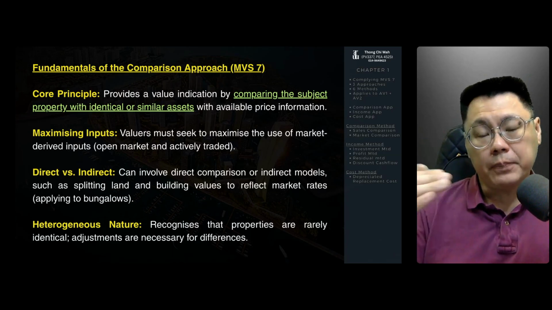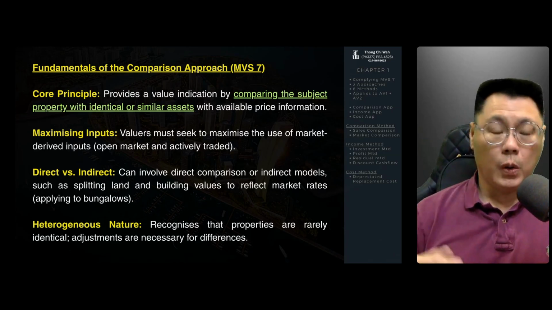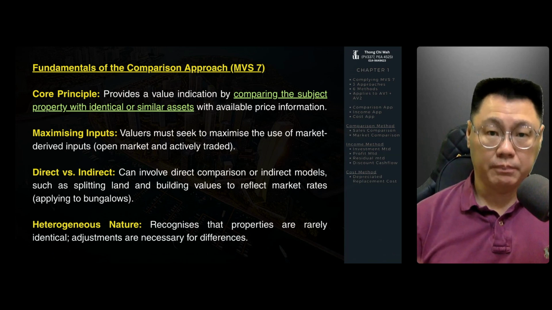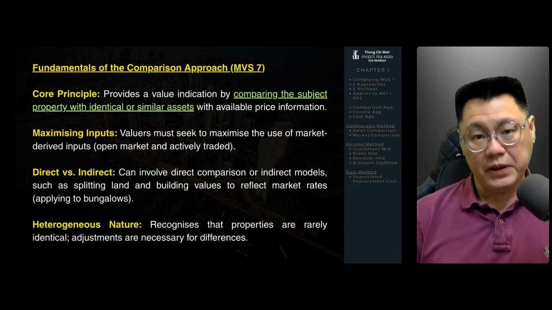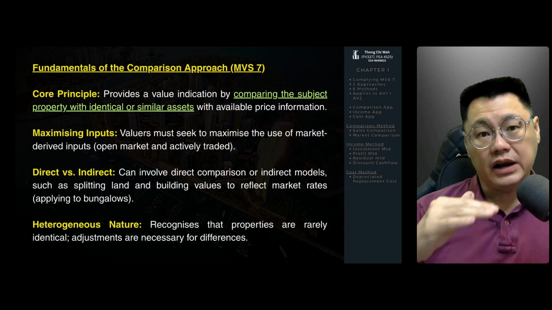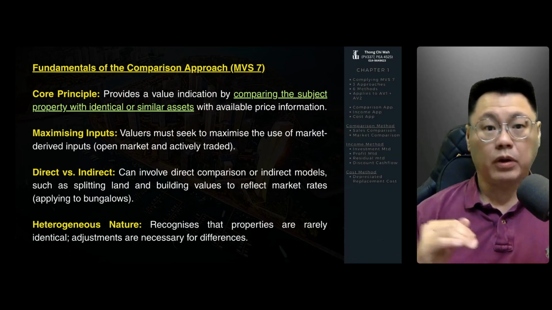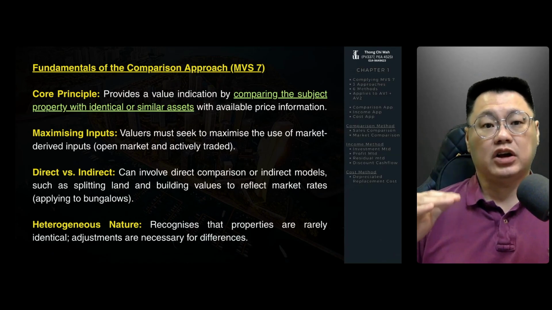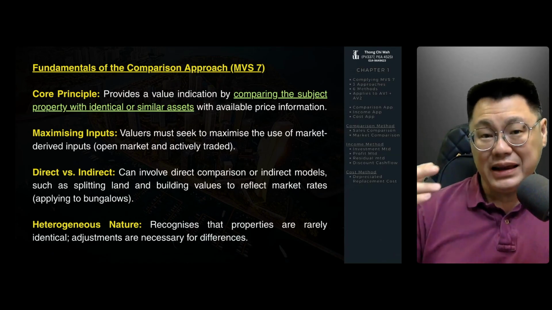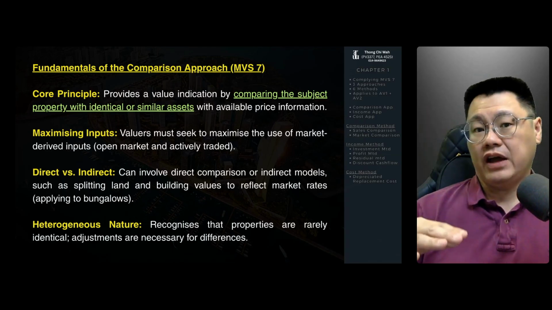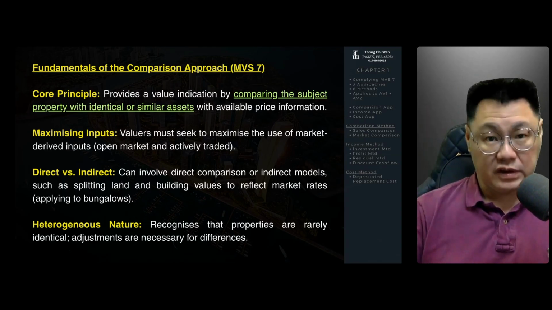But for properties like bungalows or pretty unique design buildings, we will use what we call a split technique. The split technique means we calculate the land value, just like when he bought the land, and then we calculate the construction cost that he built his bungalow on. In the event that it collapsed and we had to rebuild everything, what is the cost?